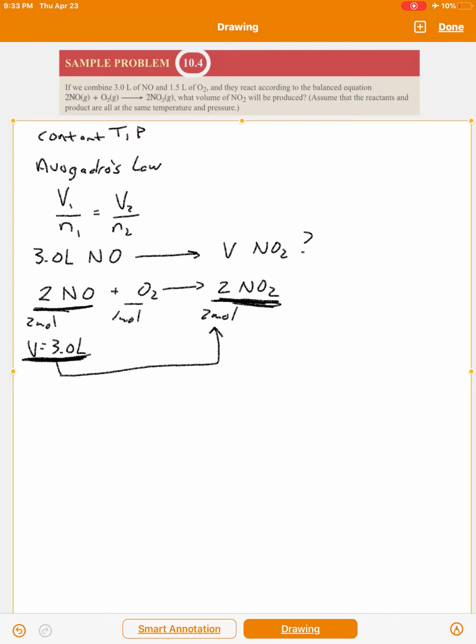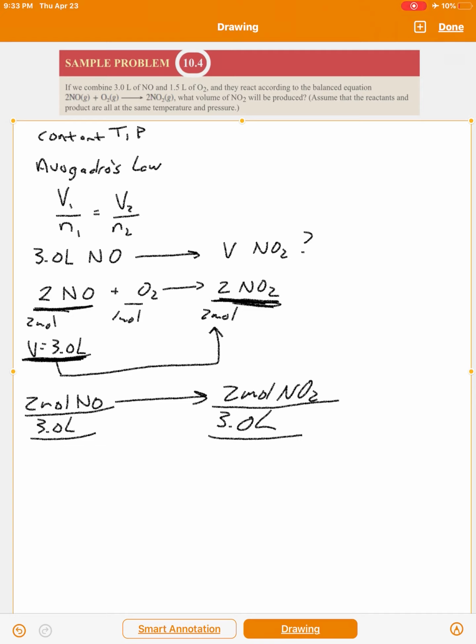So if before the reaction occurs, I have 2 moles of NO, and that has a volume of 3 liters, then after the reaction is complete, I have 2 moles of NO2. The volume should be the same, right? 2 moles of a gas has a volume of 3 liters, so 2 moles of a gas should have a volume of 3 liters. And that's all you need to figure out for this one.